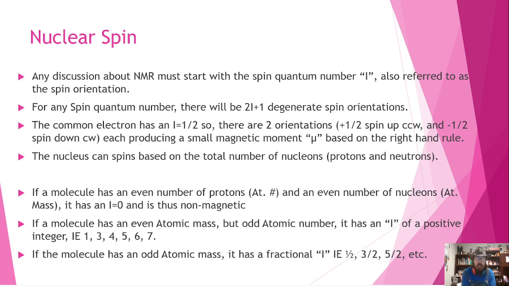If it has an odd atomic mass at all, it will have a fractional I, say like 1/2, 3/2, 5/2, etc. But either way, these are going to result in multiple degenerate spin orientations that are possible.